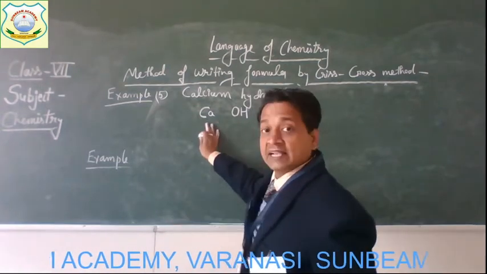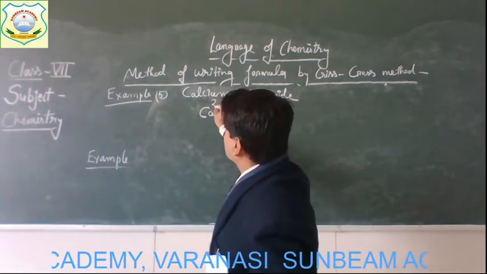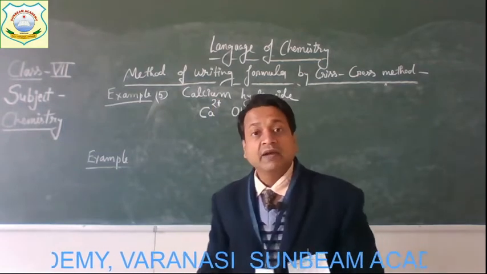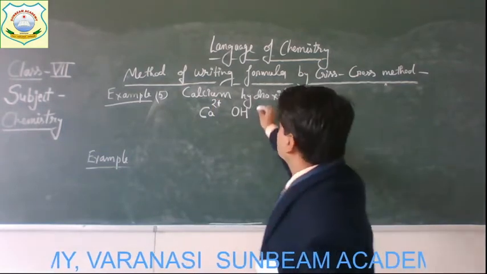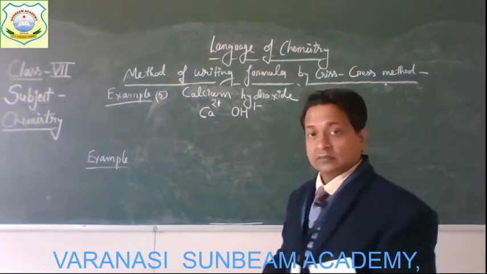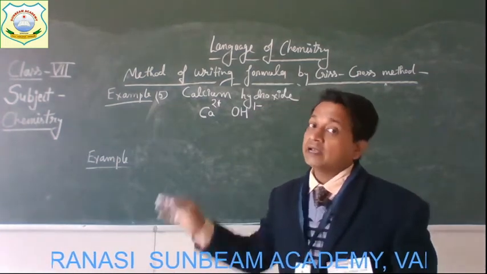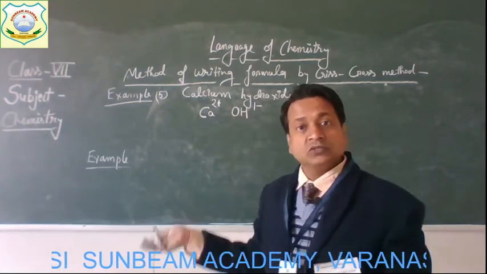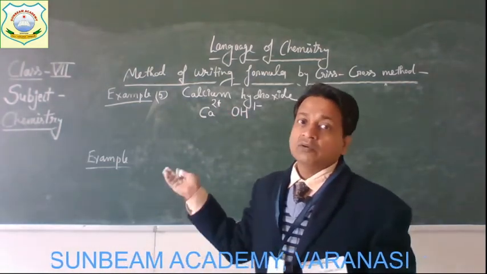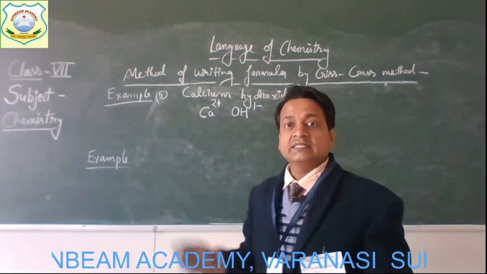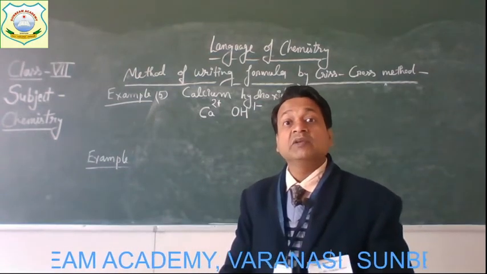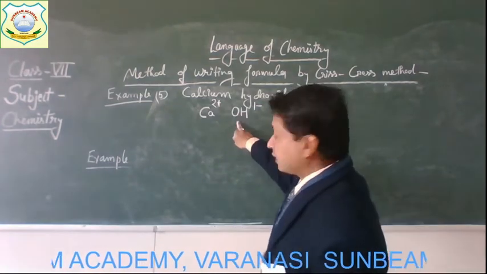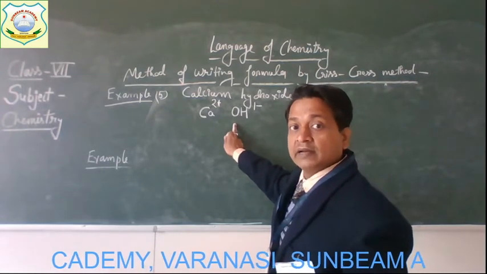The valency of calcium is +2 and the valency of hydroxide is -1. And as you are able to see, there is nothing common in 1 and 2.